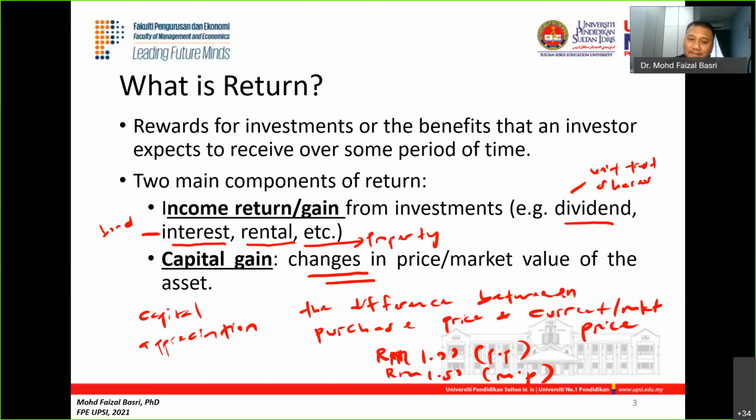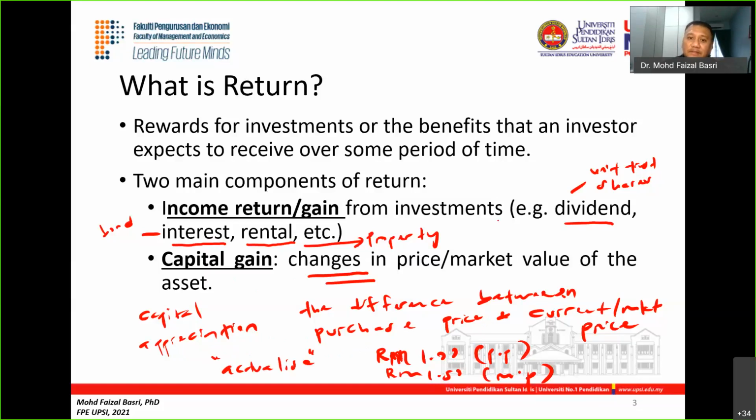The 50 cents difference, the capital gain, you will only actualize it, you will only earn it if you decide to sell. If you don't sell it, it will just be on paper only. This capital gain will only appear on paper, not be actualized. We call it actualize. So you will only actualize it if you decide to sell. Capital gain is only profit or gain on paper.